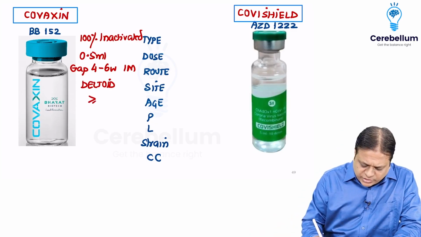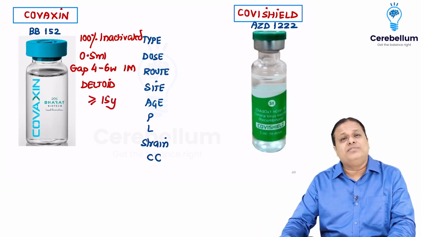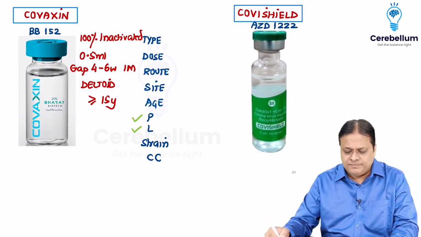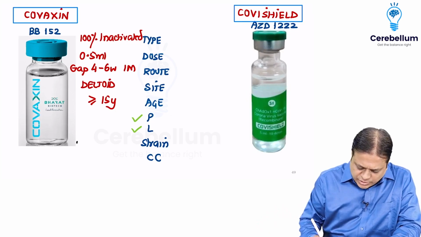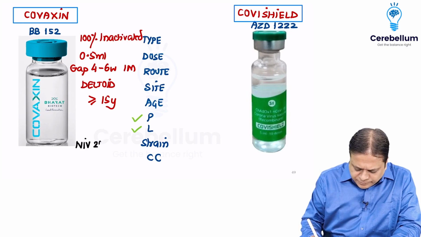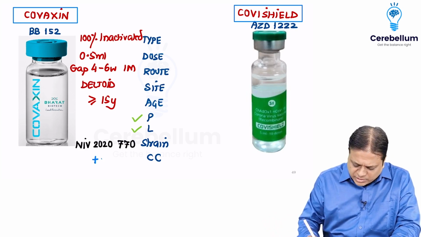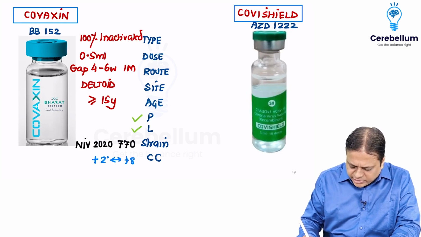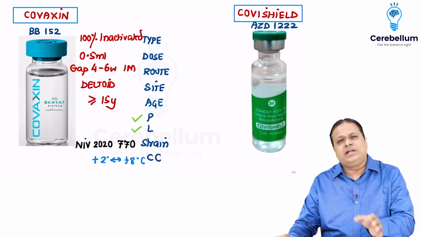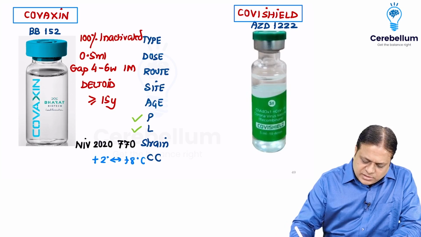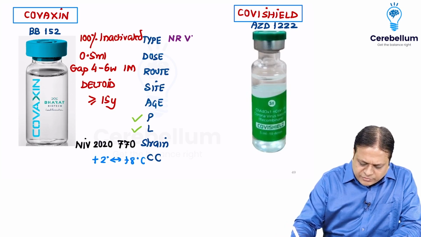Age-wise, it is used for those aged 15 years and above in the country. This vaccine is permitted in both pregnancy and lactation and it has a strain also, National Institute of Virology 2020 770 strain. Just like any other vaccine, cold chain requirement is +2 to +8 degree centigrade. When we compare similar things for Covishield, Covishield is a non-replicating viral vector-based vaccine.